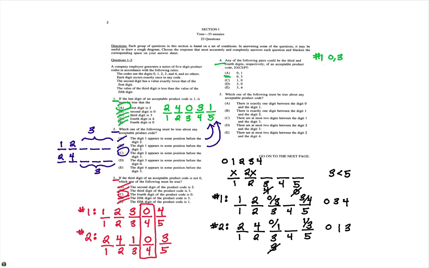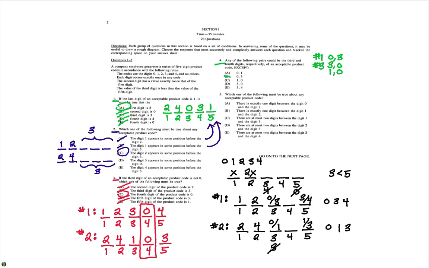Our hypotheticals from question number 3 had 3 and 0 and 1 and 0 going third and fourth.